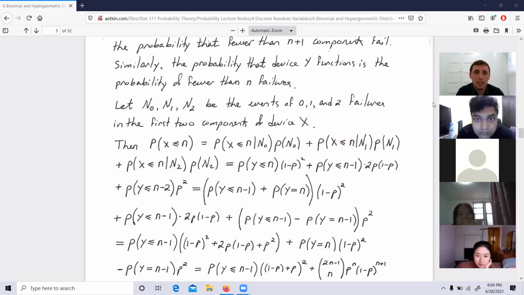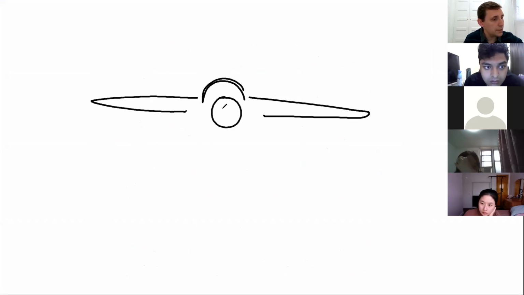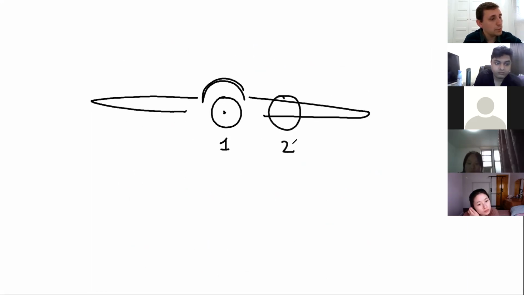Yes. So what I do is, if you examine, let's say, this aircraft. So here is the aircraft. And here we have one engine. Here we have engine 2 and engine 3.